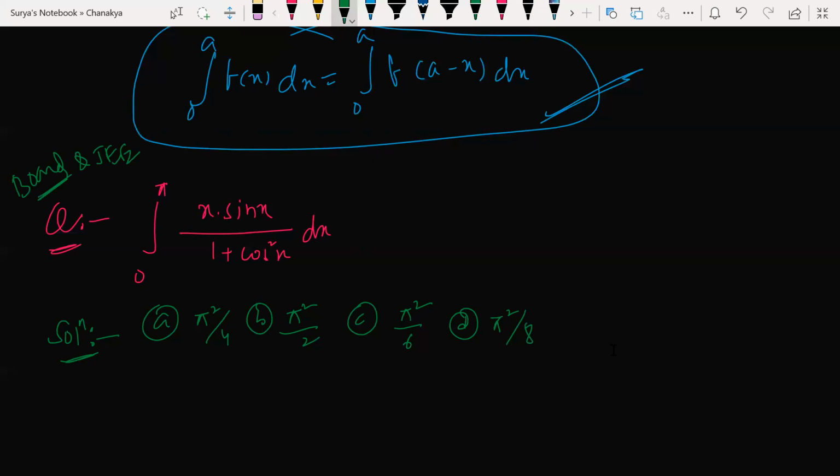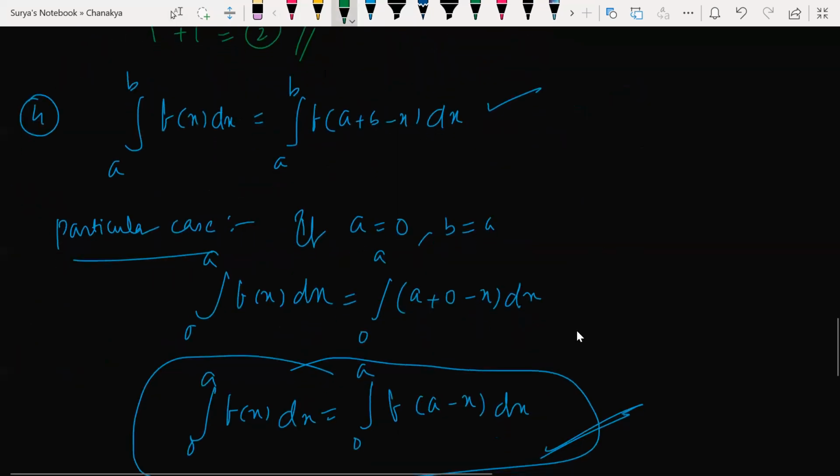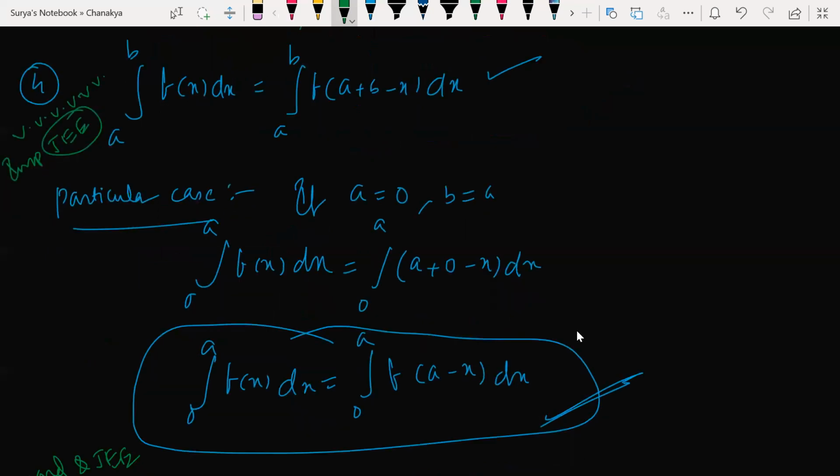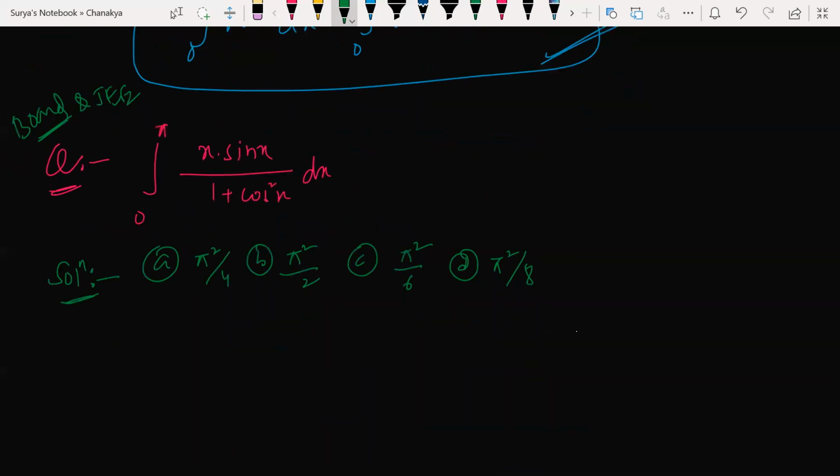This type of question is very important for both boards and JEE. The fourth property is very, very important for JEE Mains and board exams. So based upon the fourth property, I'll be solving this question now.